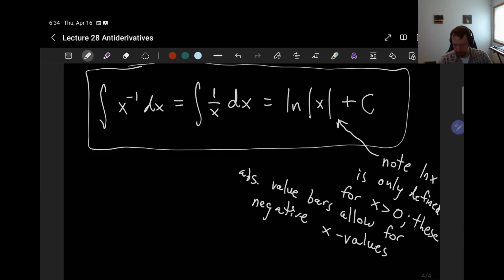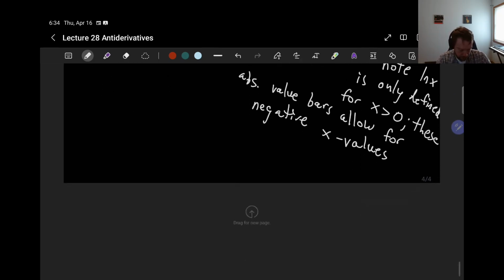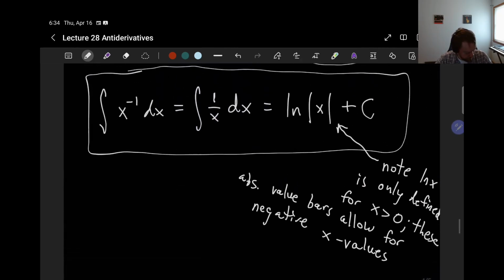Now let's do a quick check. Make sure that this is right, even with the absolute value part. Well, the only thing we really need to check is when x is negative. If x is positive, then these absolute value bars are doing nothing at all, and they don't need to be there.